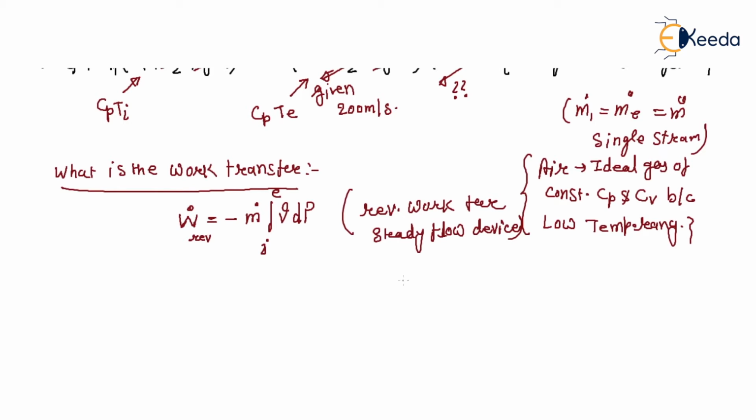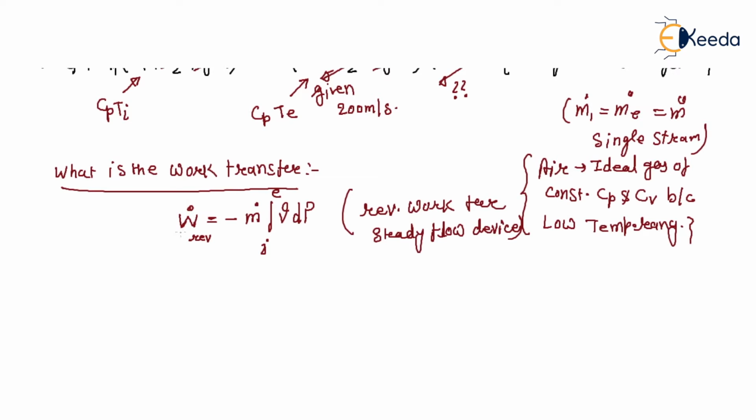In the previous video we saw the reversible isothermal or reversible adiabatic case, with the same work formula, but here it is a reversible polytropic process. What is the reason behind that? Though it is not a reversible adiabatic or reversible isothermal process, we can still apply it for the reversible polytropic process. Why?